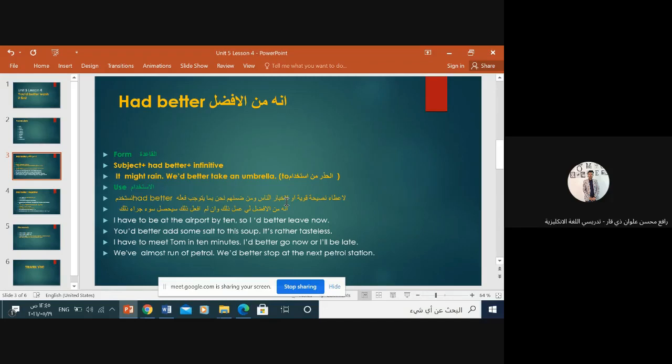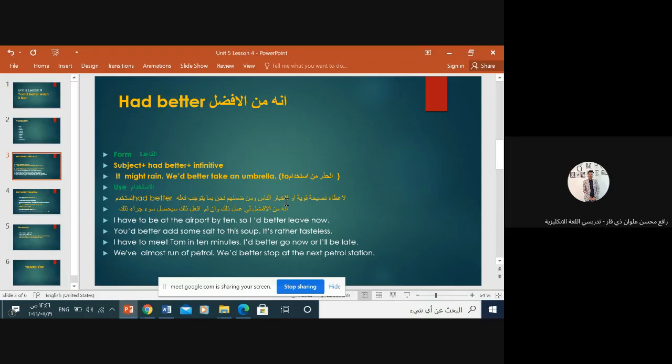Both of them, should and had better, تستخدم للنصيحة، لكن الفرق بين should وhad better: if you do not do this thing, there will be these consequences, or a problem will happen to the person who never applies or never does such a thing. So هذا شباب بالنسبة للhad better إنه استخدامها تختلف في هذا المعنى.